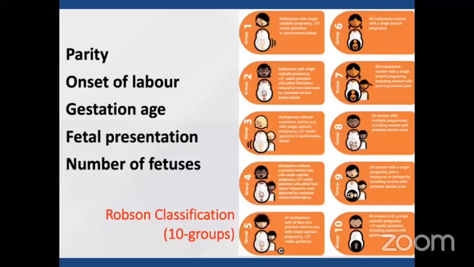That is why it has been kept very simple, so that anybody or any group of people can collect a lot of data in a short time, because you have to just collect 1, 2, 3, 4, 5 things about every woman who has delivered by cesarean section. So based on these 5 things, he has classified it into 10 groups.